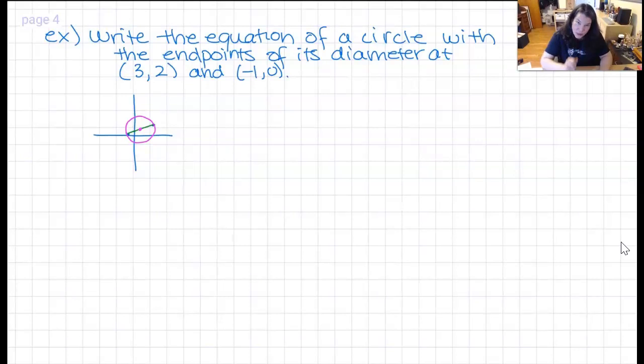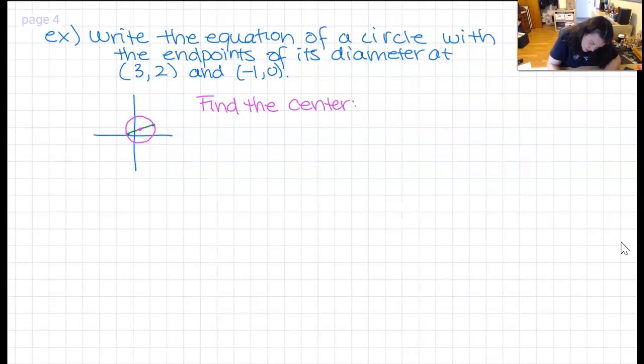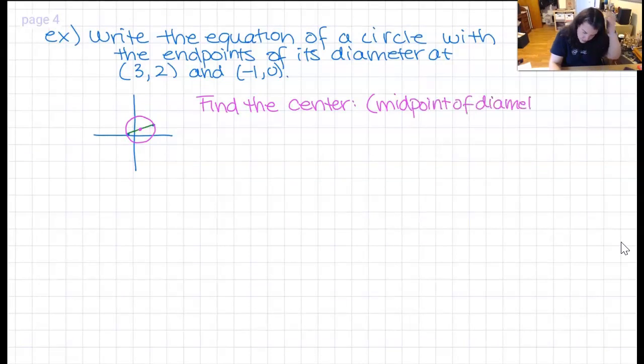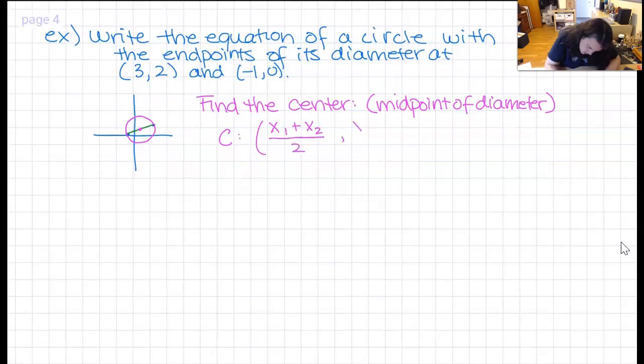All right, so let's do the midpoint formula because that's the easier one. So let's find the center. And remember, the center is the midpoint of the diameter. All right, so midpoint formula is just the average of the x-coordinates, average of the y-coordinates. So the center is going to be (x1 plus x2 over 2, y1 plus y2 over 2).